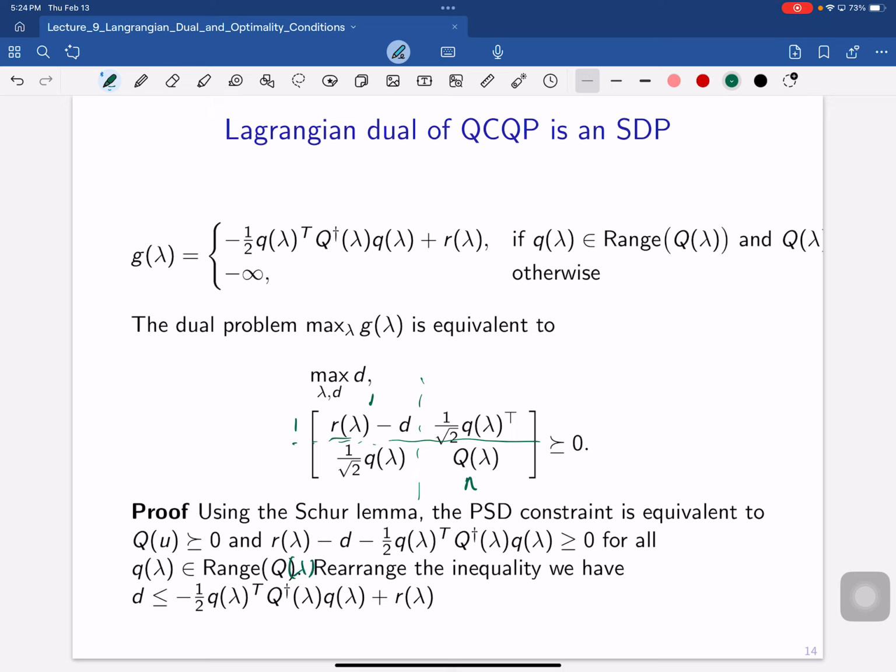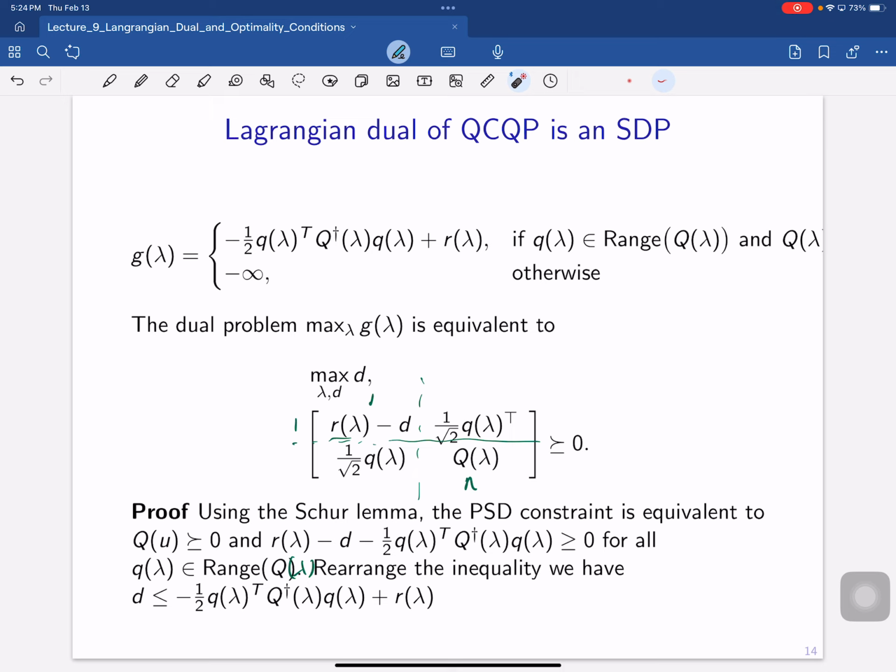So now you sort of enforce a condition using the Schur's lemma, right? So here you have a Q lambda in the range space of big Q lambda, and it is PSD, okay? And then you can rearrange the inequality to show that this D has to satisfy this inequality, which is basically what you are trying to maximize.